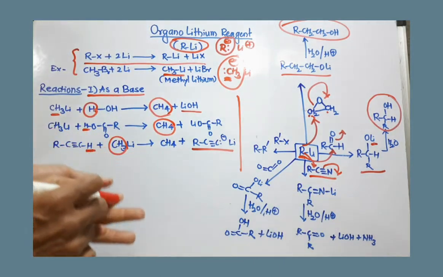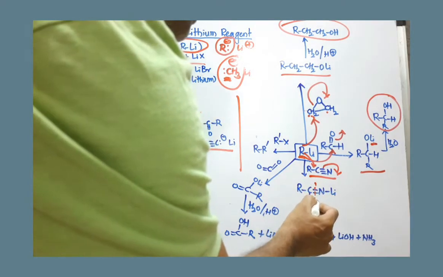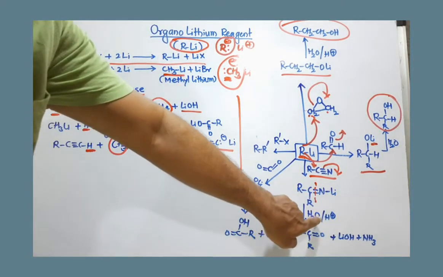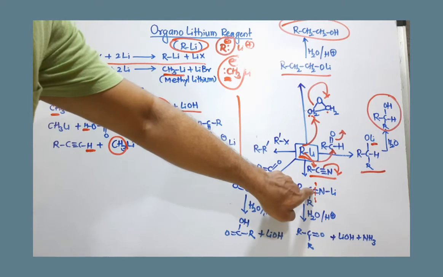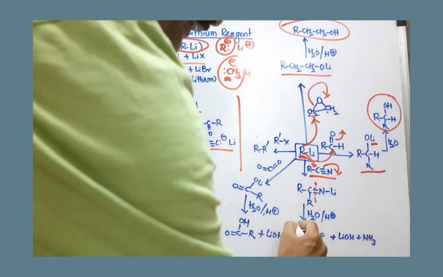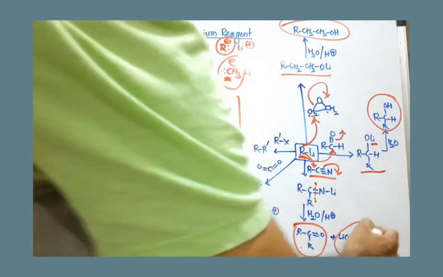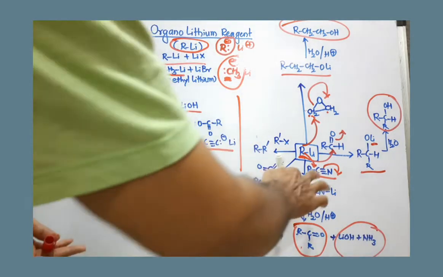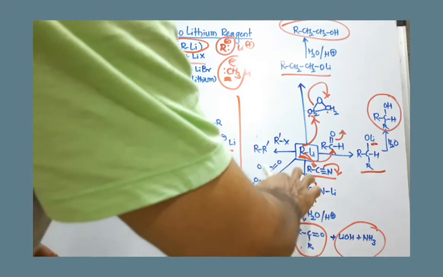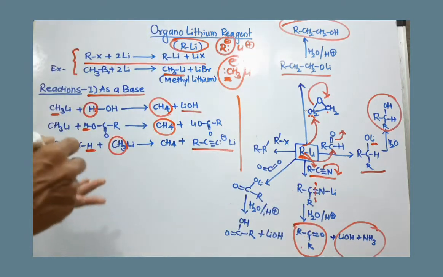Now when we hydrolyze this, you have to break this bond, and from the water you join oxygen to this carbon, so you get a ketone. So cyanide is converted to a ketone, and these are the side products. In this way, you can convert cyanide into ketone by just doing this two-step reaction.